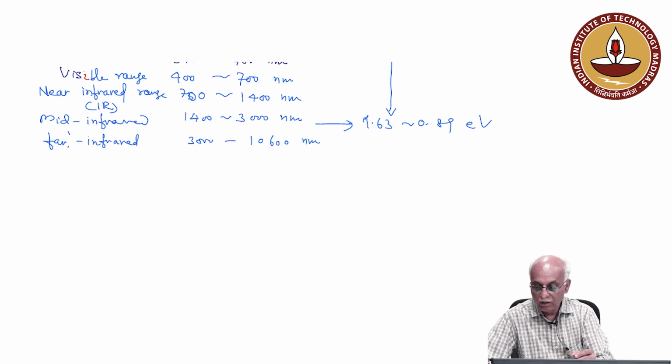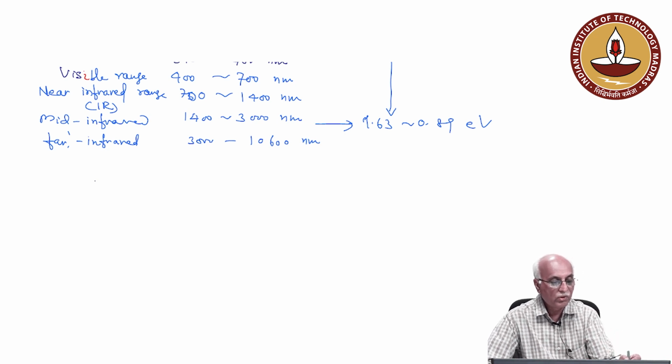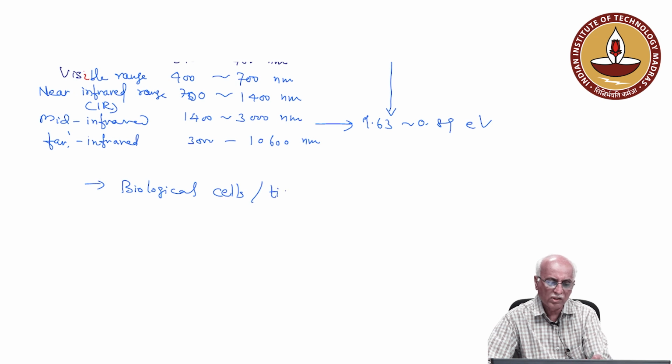Now we will deal in the next class with some aspects related to biological cells and tissue, just a basic introduction, so that when we subsequently discuss biophotonics aspects, it will be very easy for us to understand.